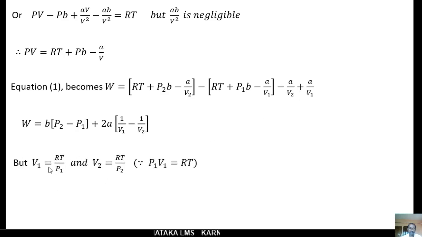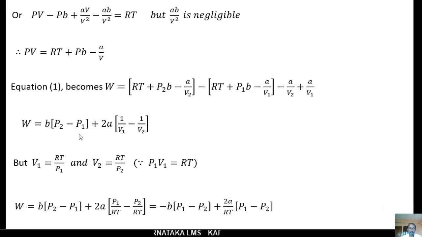But V1 equals RT by P1, because according to the ideal gas equation PV equals RT, therefore V1 equals RT by P1 and V2 equals RT by P2.